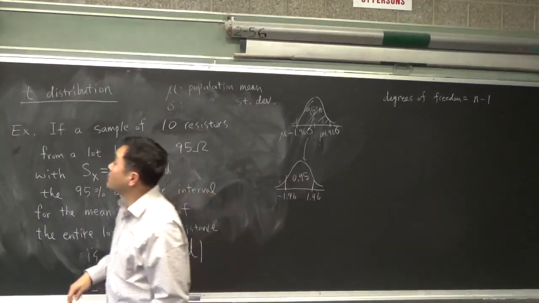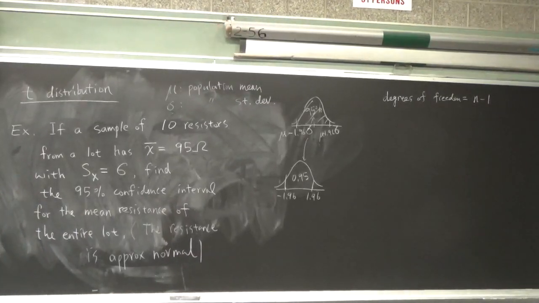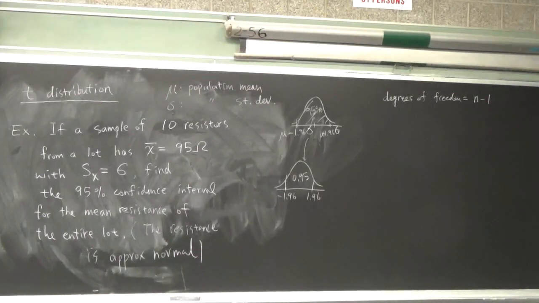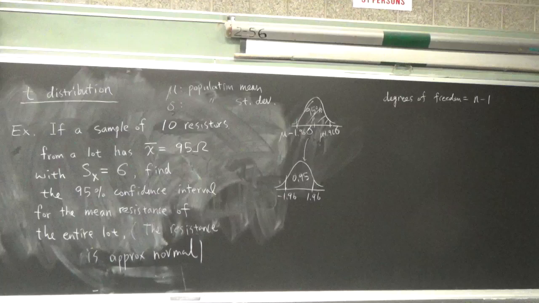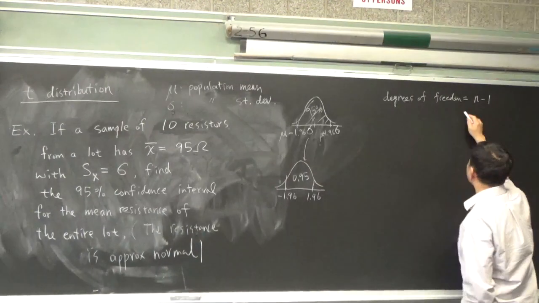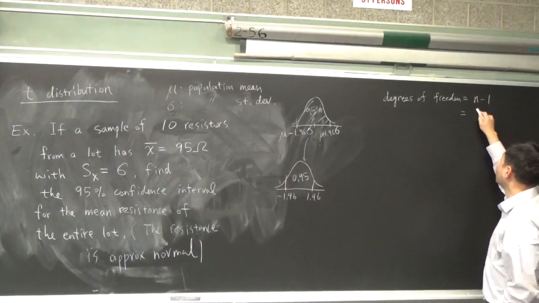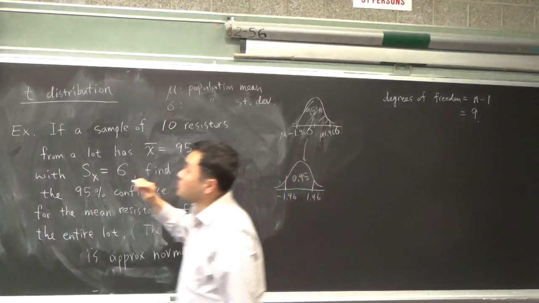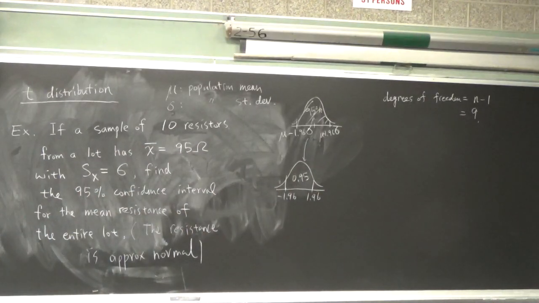So here's a table that you can see. Degrees of freedom for our case, if it's n minus 1, is what? 9. So we go to the table at 9, and if you look at the two-tail column, right here, 2.262.